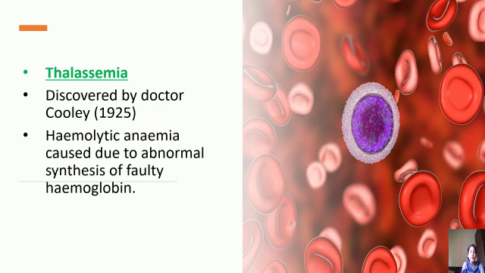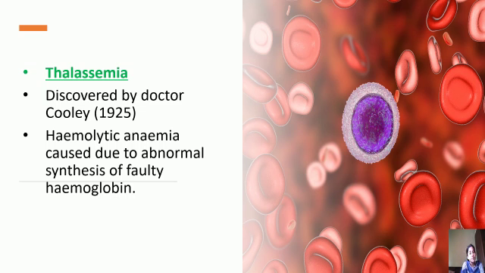So a less number of RBC, or faulty RBC, or destruction of RBC has been caused because of faulty synthesis of the hemoglobin. We know what hemoglobin is. Hemoglobin is the protein found in the RBC.